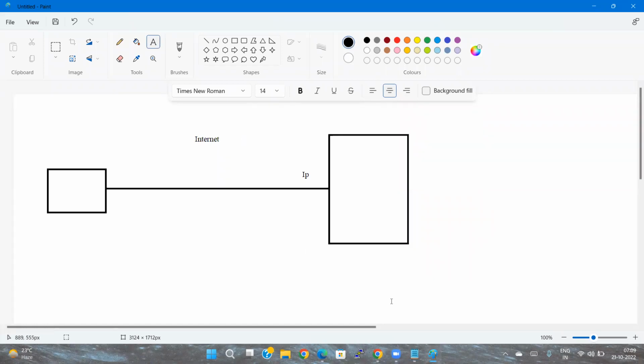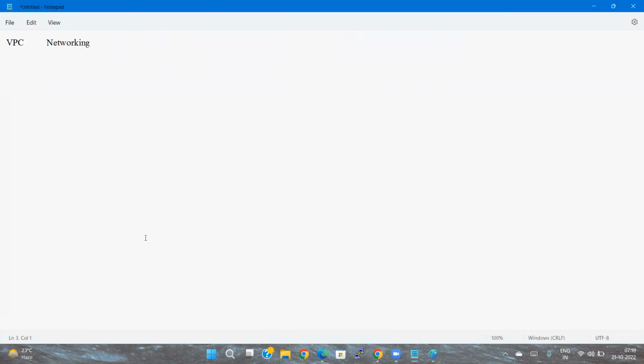So here, what is meant by network? Network means connecting two or more devices with the help of any transmission media.